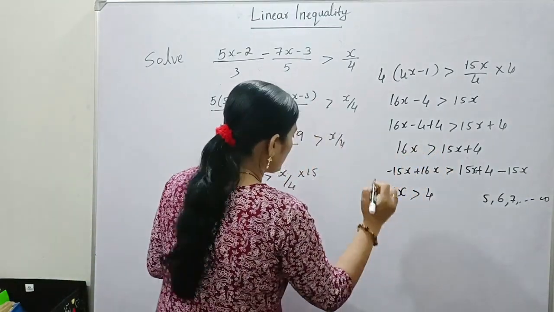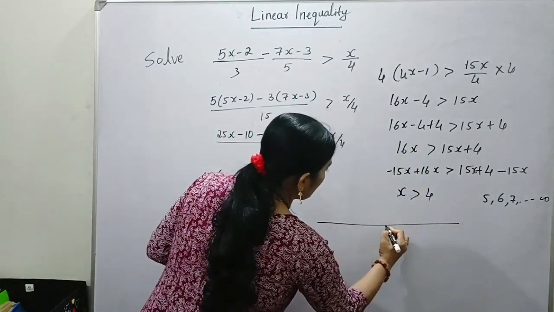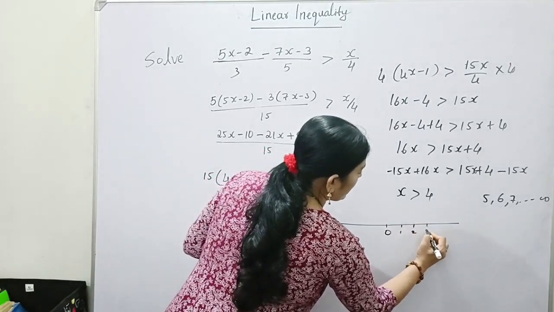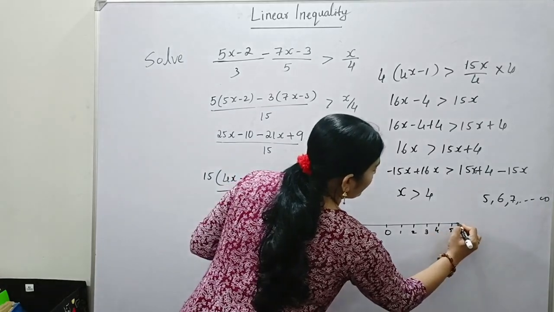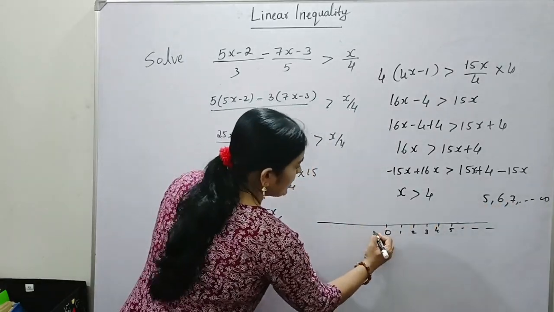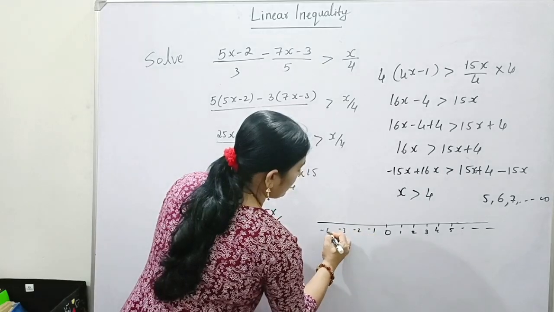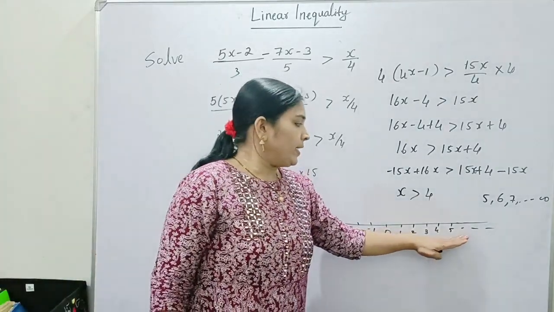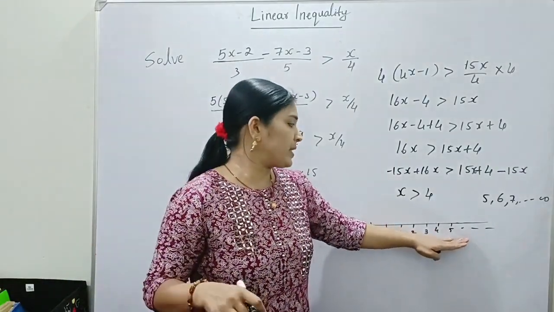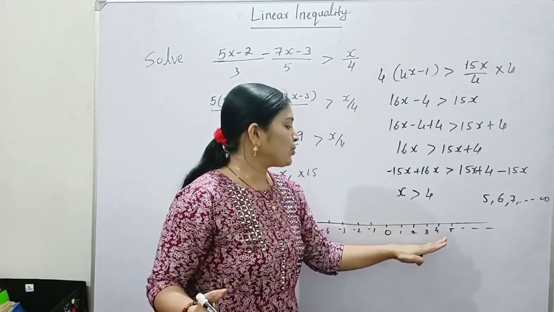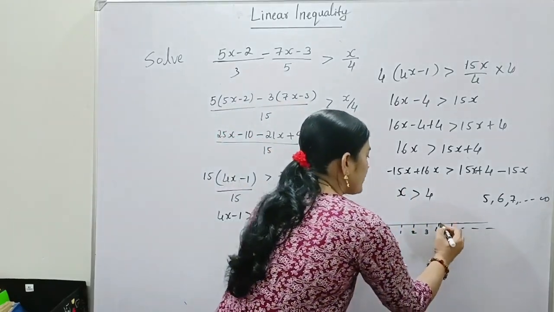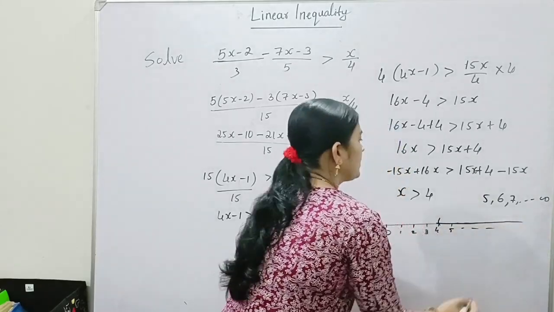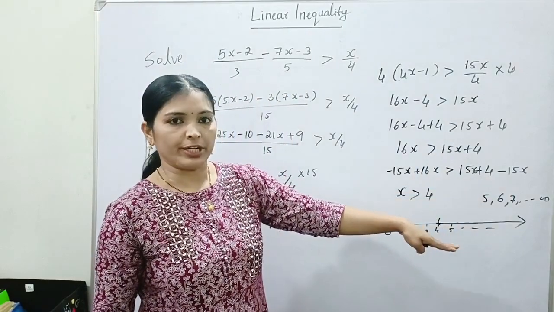How to represent it on the number line? Suppose it is the number line: 0, 1, 2, 3, 4, 5, etcetera, up to infinity, and minus 1, minus 2, minus 3, minus 4, etcetera, up to minus infinity. If you are asked to represent x greater than 4, you start from here and just make it dark up to infinity.